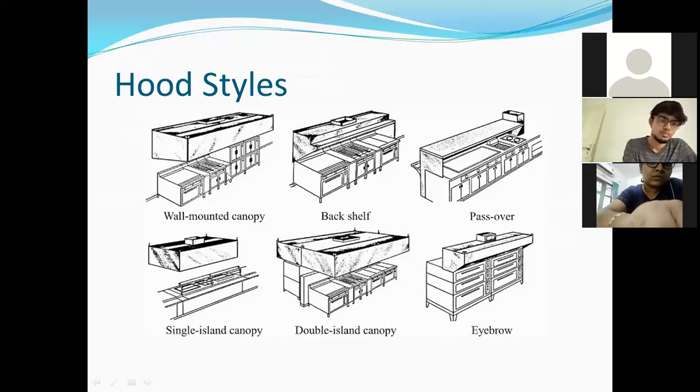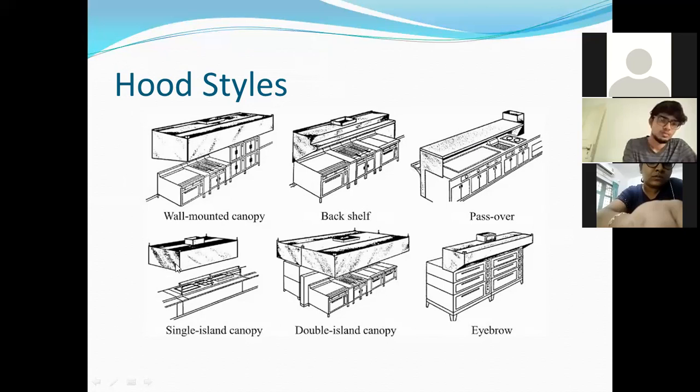This is the wall mounted canopy. You can see this is the kitchen hood, the wall mounted canopy. This is a back shelf. These are different styles. This is a passover style kitchen hood.